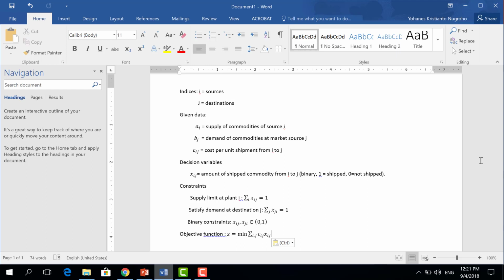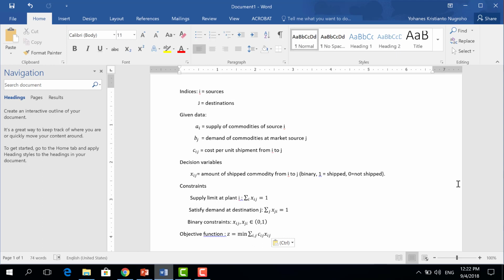As I said before, we have several constraints. For instance, here we have the supply limit at plant I, meaning sigma over J of XIJ equals 1. Why does the sigma have I here? Among different locations of sources, the number of I that is allowed to ship is only one.